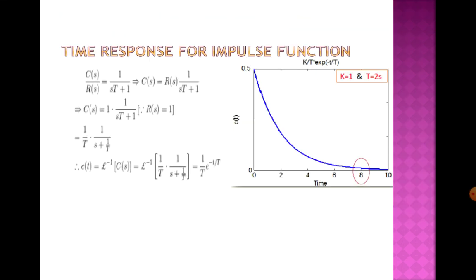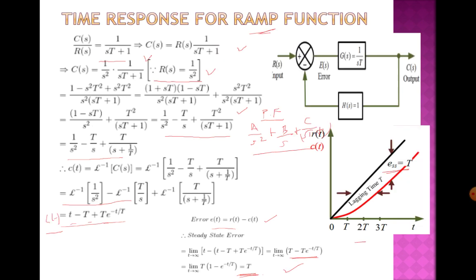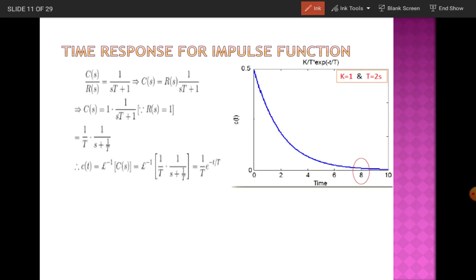In the same way, we can find the time response of a first order system for impulse input. For the impulse input, R(s) equals 1. Substituting R(s) equal to 1, it is very simple, we get C(s) equal to 1/T into 1/(s+1/T). Taking the inverse Laplace transform, we get 1/T into e power minus t divided by T. You can draw the response curve, which is exponentially decaying.